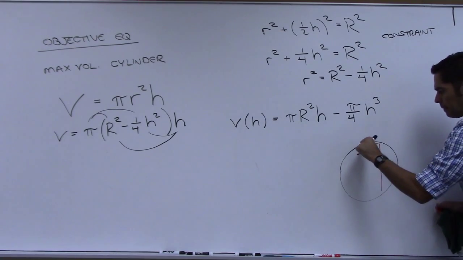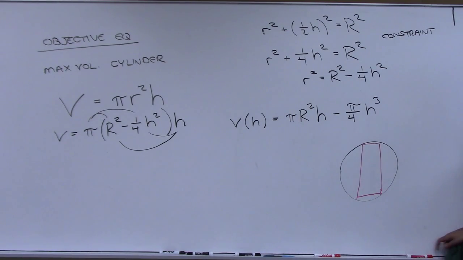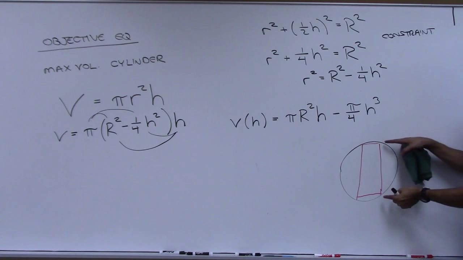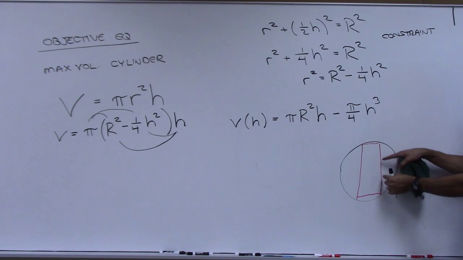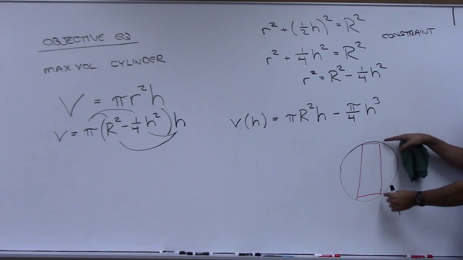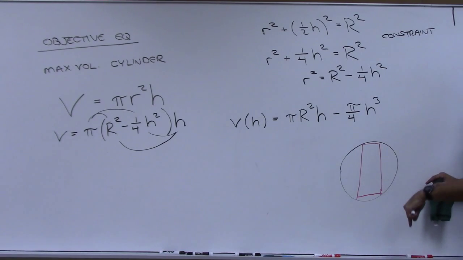It can never be big R. So the smallest h could be would be nothing, right? And the biggest it could be would be R one direction, R the other direction, 2R?